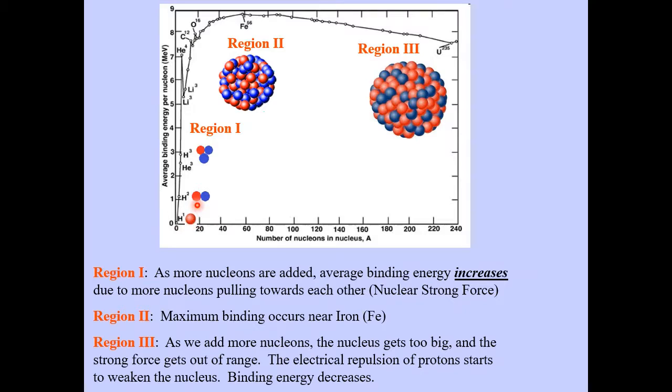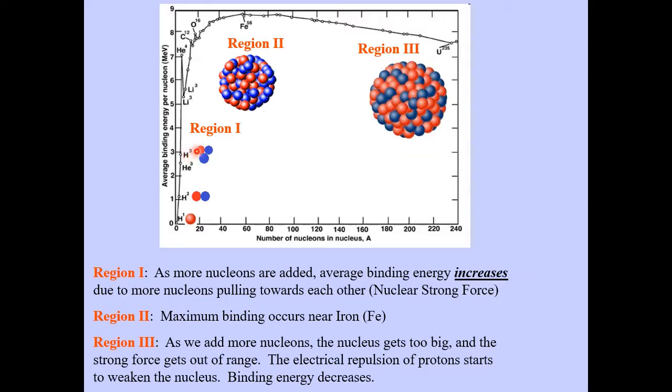Now, if we take that proton and add a neutron, the neutrons are blue, the protons are red, now we've got a proton and a neutron stuck together by binding energy. And you can see that there's about 1 million electron volts per nucleon of binding energy because of that strong nuclear force. If we take another neutron and add it, we've still got hydrogen because there's one proton, but now there's 1, 2, 3 nucleons. So this is hydrogen 3 or H3. And notice the binding energy is higher now, up to about 3 million electron volts.